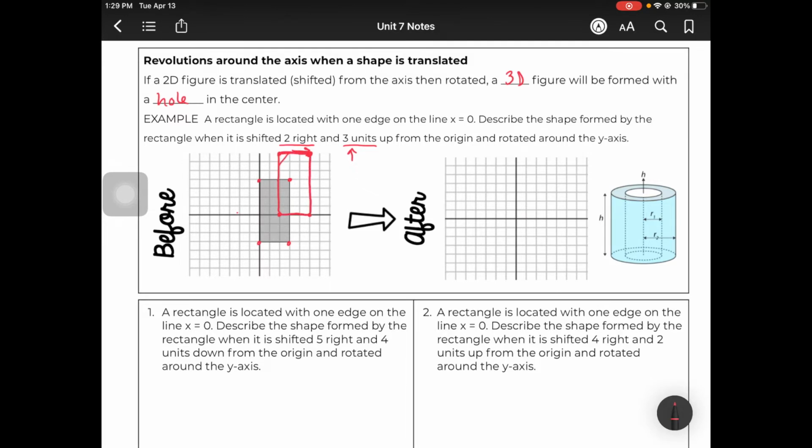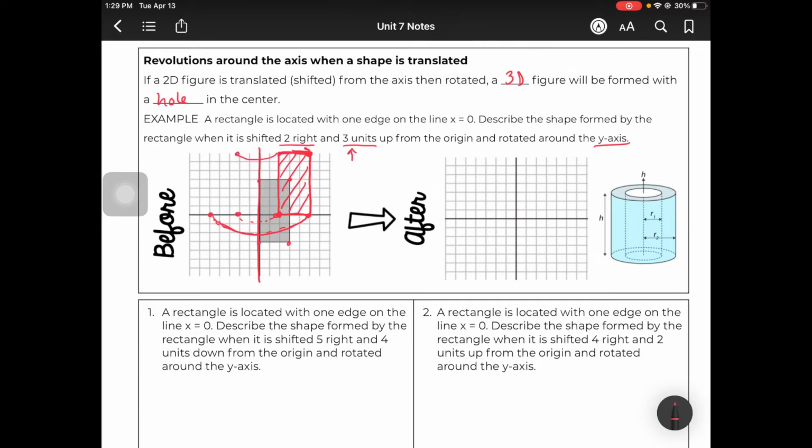Now, if I take that rectangle and rotate it around the y-axis, this is still our y-axis here, every point gets rotated the same distance around that line. So this bottom left point rotates over there, and this bottom right point rotates all the way over there.